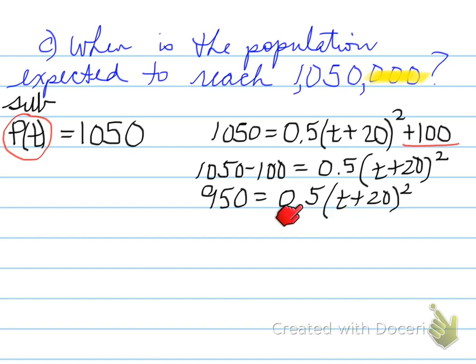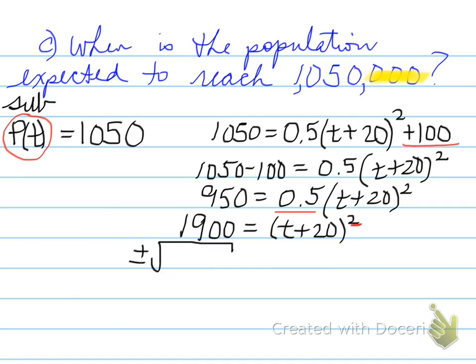Well, looking here, we want to move this one over. So 950 divided by 0.5 is going to equal, that's right, 1,900, which is equal to (t + 20)². Now we have to get rid of the square, so we have to take the square root. Now when we take the square root, we have to consider two cases, because there are two possible numbers that could have been squared here.